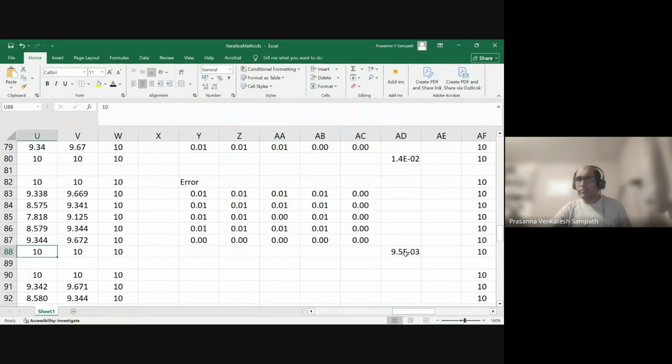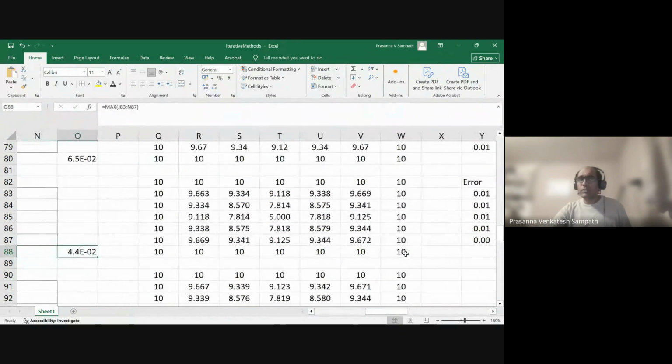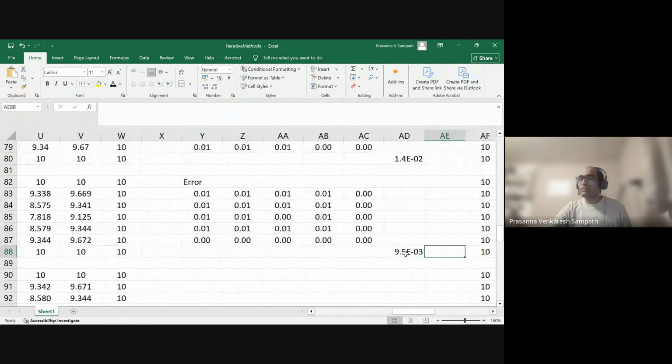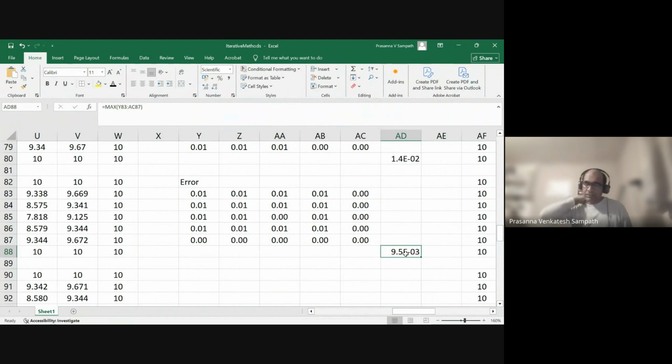At the same time, Jacobi was at 4.4e minus 2, but Gauss-Seidel has managed to decrease the error much faster, right? So I think this must have taken 8 iterations or something like that.